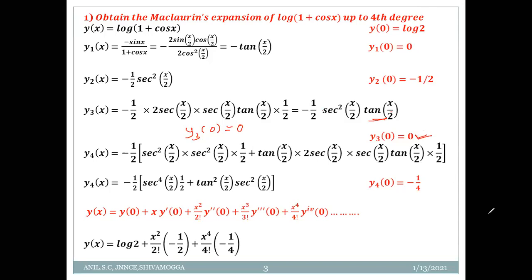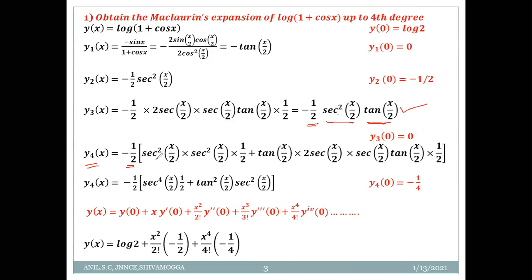Next, we find fourth order derivative. To find fourth order derivative, you differentiate this expression with respect to x. Derivative of y3 of x is y4 of x. Here, minus 1 by 2 is a constant, keep it as it is. Use product rule. This is first function and this is second function.